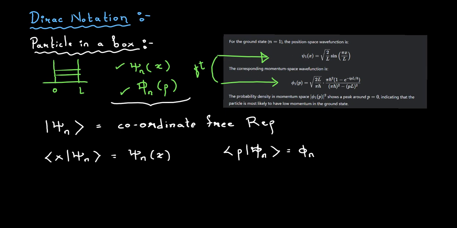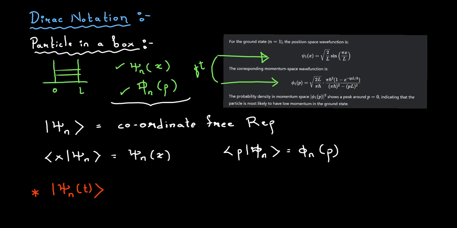Now interestingly, this particle in a box case doesn't depend on time. It's a stationary state. But sometimes quantum systems can be represented by a ket psi n which is a function of time, because it can evolve with respect to time.